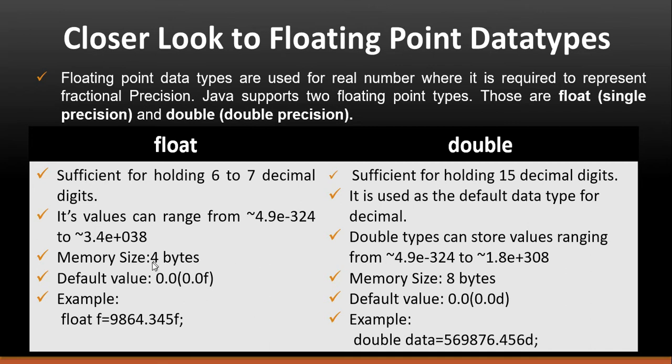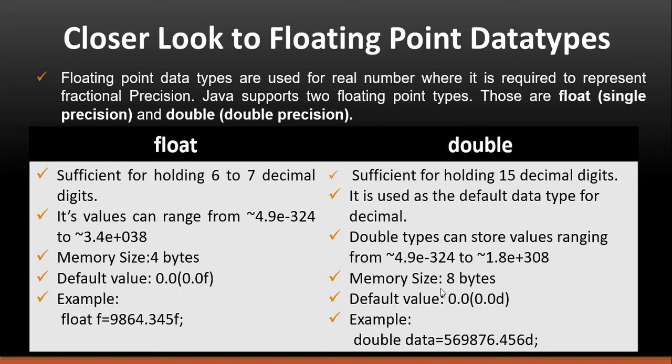Memory required for float is 4 bytes, and the default value for float is 0.0f. For writing float value, suffix f with the value. Here is the example. I have declared variable f and here is my data, and we have to suffix f whenever you are assigning value to a float variable.